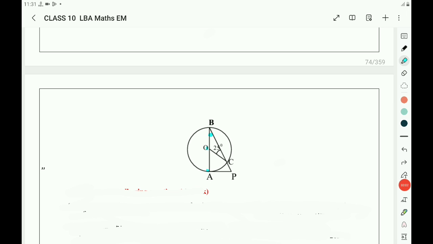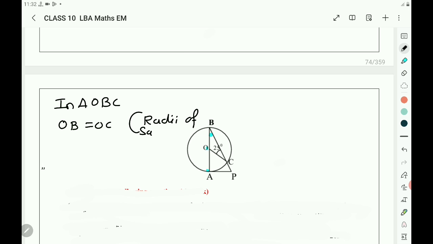First you take the triangle OBC to find the angle B. Right? In triangle OBC, OB equals OC. Why are they equal? Radii of the same circle, or radii of a circle.